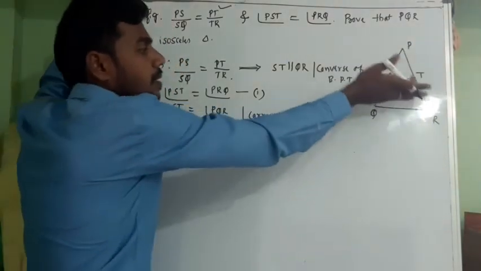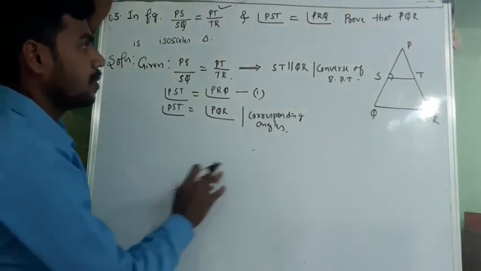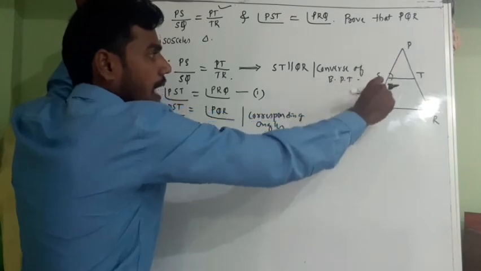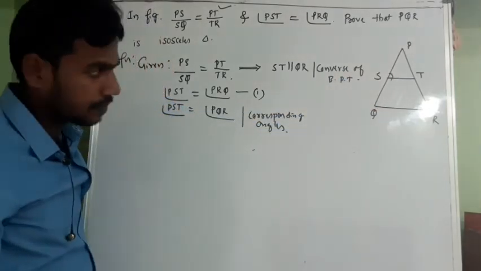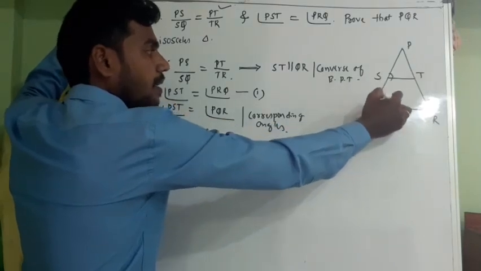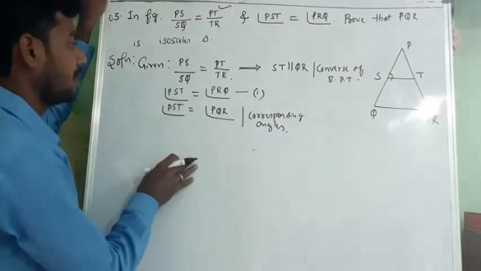That is the same thing that I have written. Because these two lines are parallel, this line will be a transversal. That is the reason this angle and this angle will be corresponding angles. They will be equal. That is what I have written.